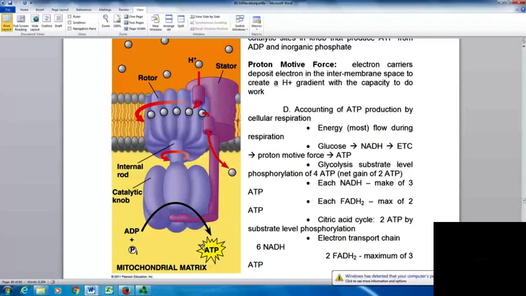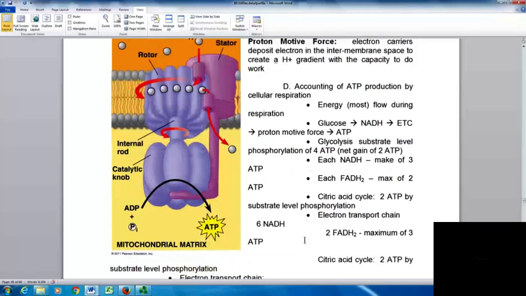When we look at the conversion of this, you're going to have each NADH make 3 ATP. Each FADH2 is going to make 2 ATP. So from the citric acid cycle, you're also going to get 2 ATP by substrate level phosphorylation that were first converted to GTP and then to ATP.